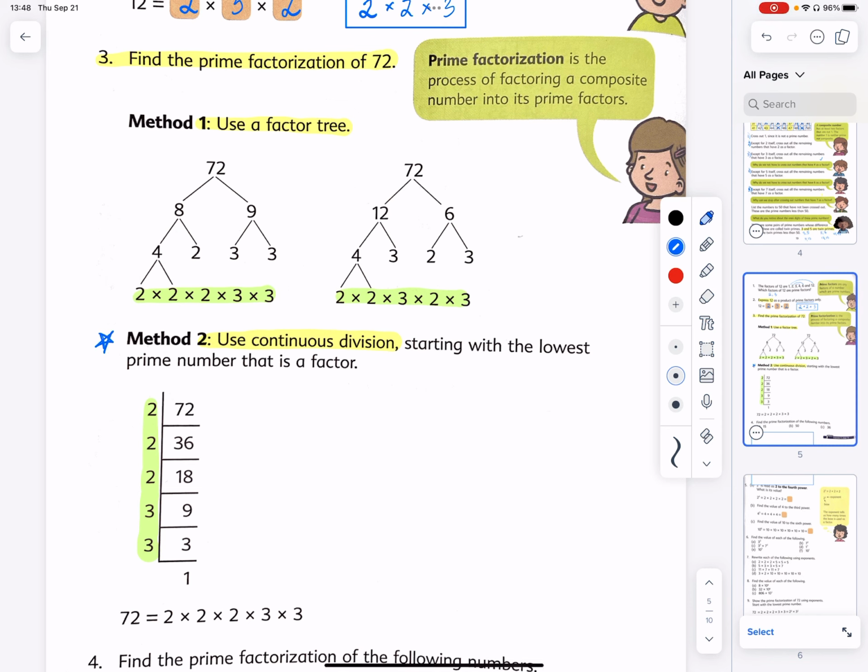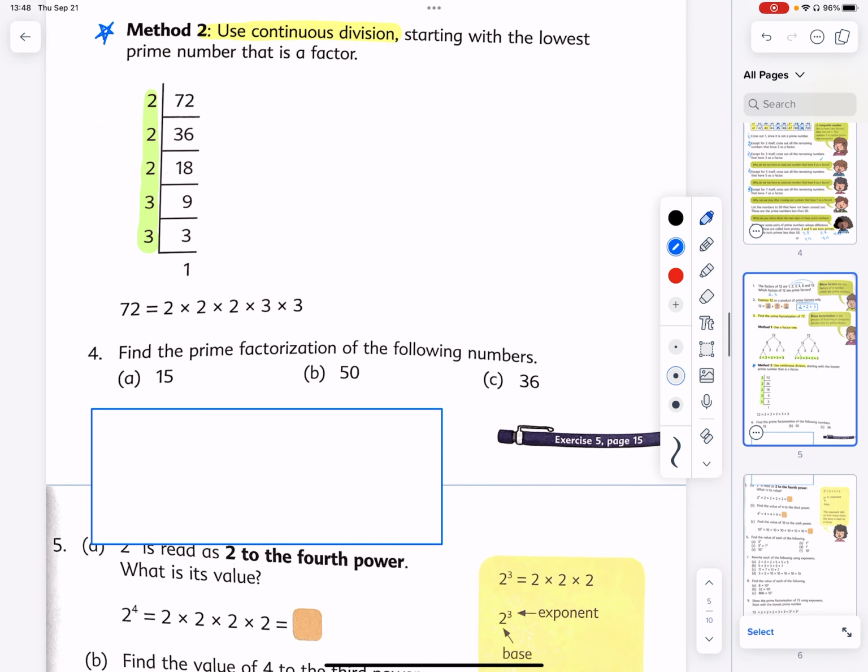It doesn't take as much space on your paper. So let me focus on this example, 72. Let me mimic what the book also showed you. For the first step, we draw a vertical line to the left and a little horizontal line. Sometimes it's called a T because it reminds us of the letter T.